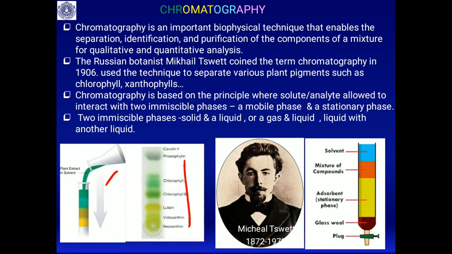The mobile phase will be the solvent and the stationary phase will be the adsorbent. These two immiscible phases may be a solid and a liquid, or gas and liquid, or a liquid with another liquid. One will be the mobile phase, another will be the stationary phase.